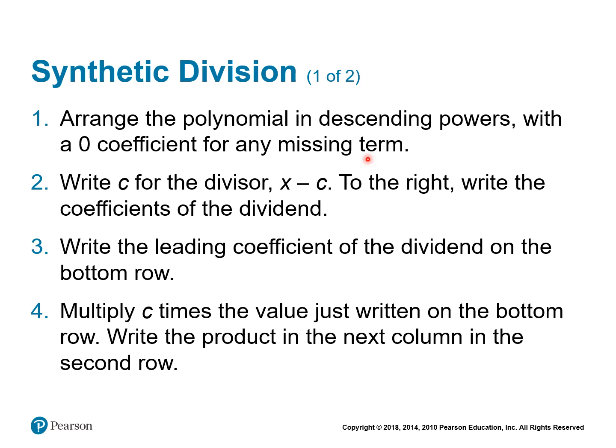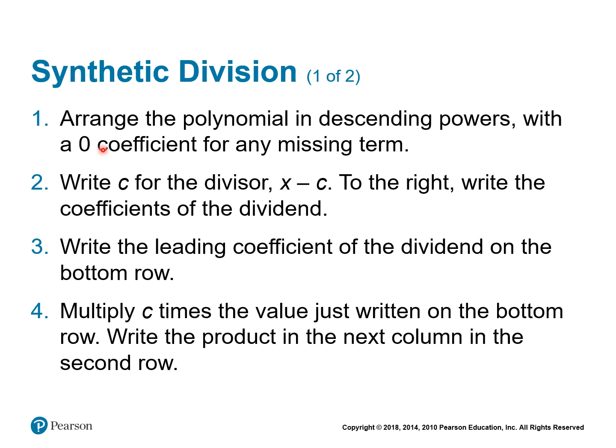That is, the exponents are arranged in descending order. And if there are any missing terms, then we have to make them visible by rewriting them with a coefficient of 0. So that was the same as what we did with long division.